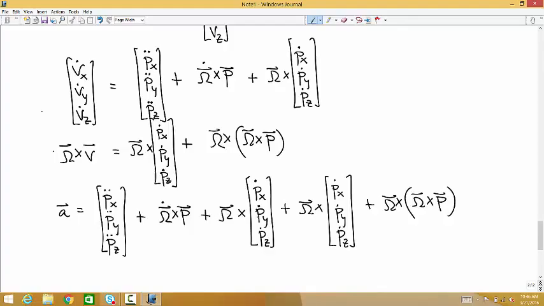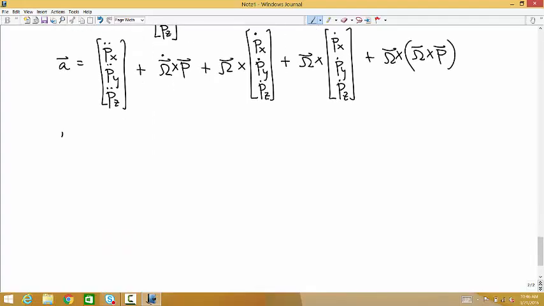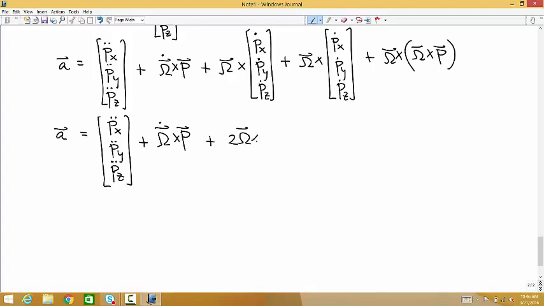And we can simplify one thing with these two. So we get that acceleration is equal to px double dot, py double dot, pz double dot, plus omega dot cross p, plus 2 times omega crossed with px dot, py dot, pz dot, plus omega cross quantity omega cross p.